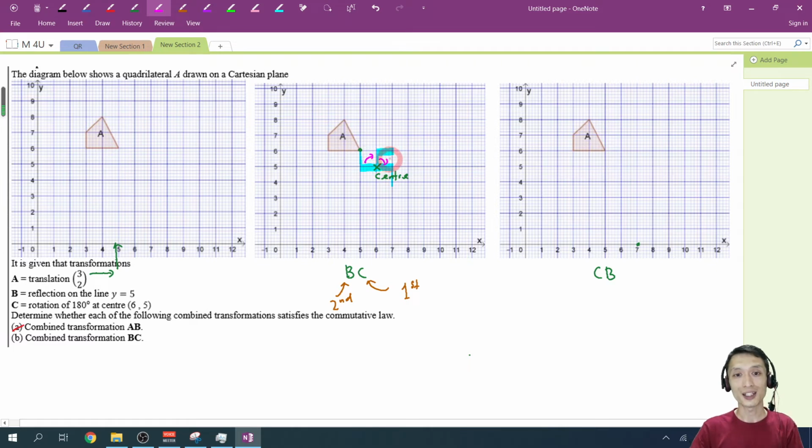From here, go here is another 90 degrees. Total is 180 degrees. So we know that the image for this vertex is over here. Let me use red color.